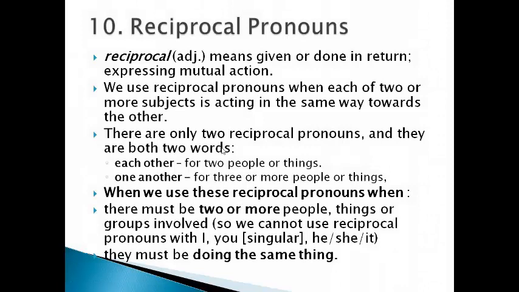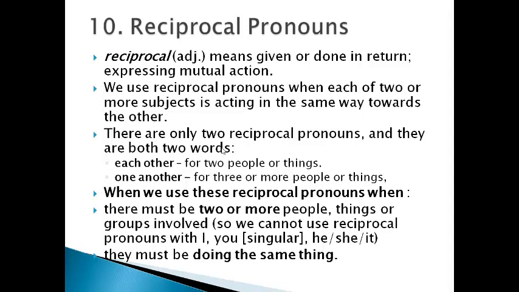Next, reciprocal pronouns. What is the meaning of reciprocal? Reciprocal means expressing mutual concern or mutual action, a give and take relation. We use these reciprocal pronouns when each of two or more subjects is acting in the same way towards the other, like each other, one another. For example, they quarreled with one another.